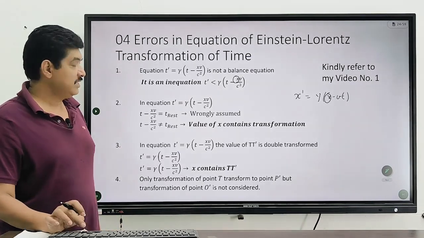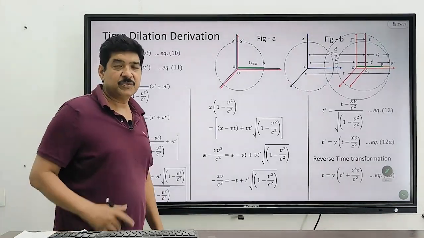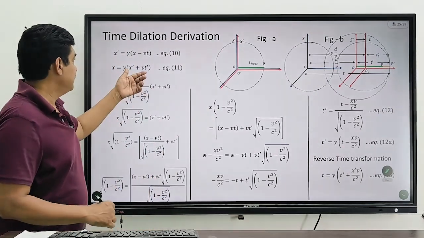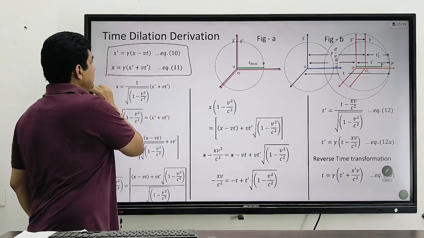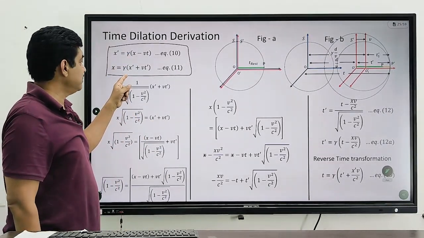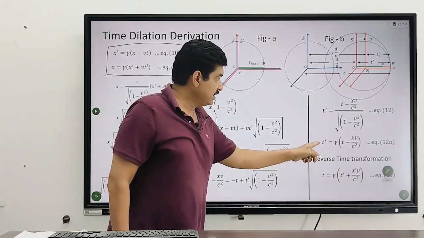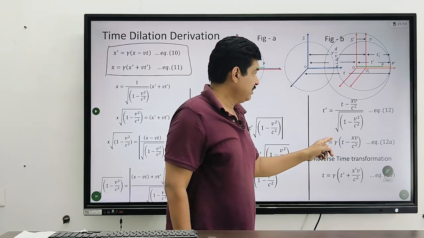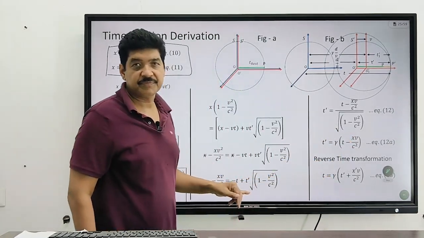Now the derivation of time dilation. What they have done is they have taken these two equations of positions, the forward transformation and reverse transformation, and they have derived these two equations of forward transformation of time and reverse transformation of time.